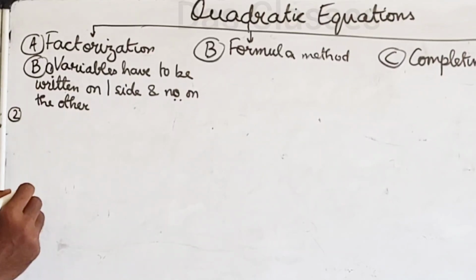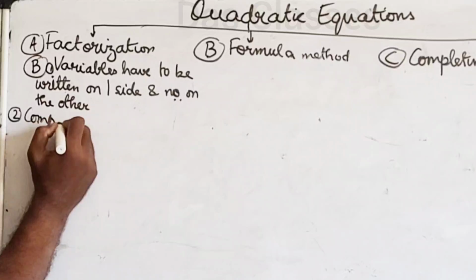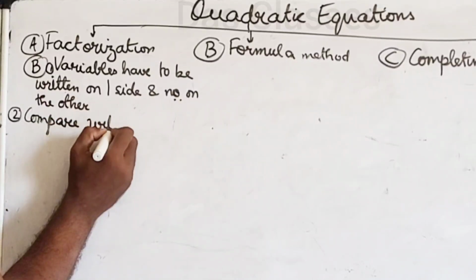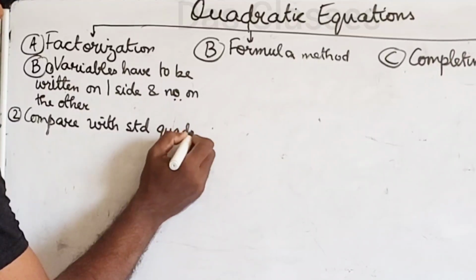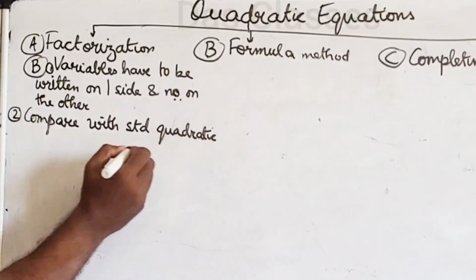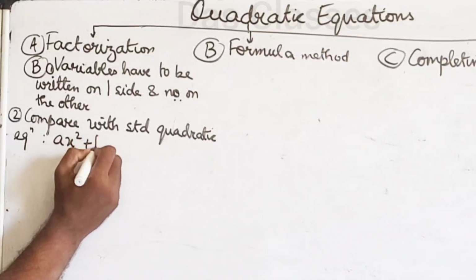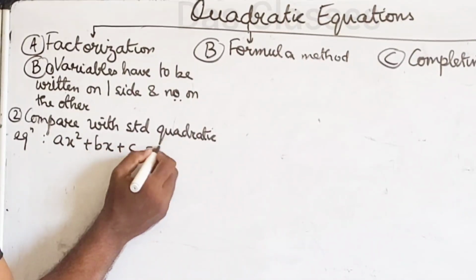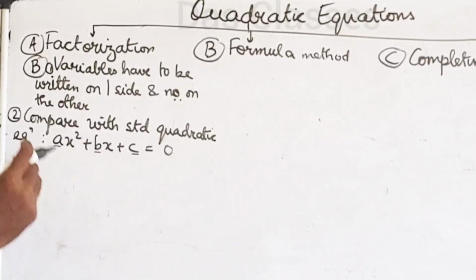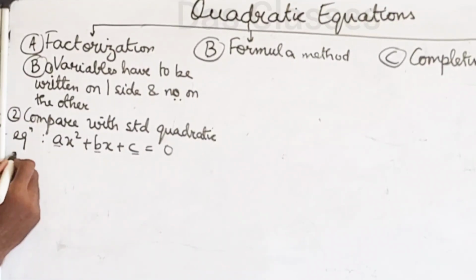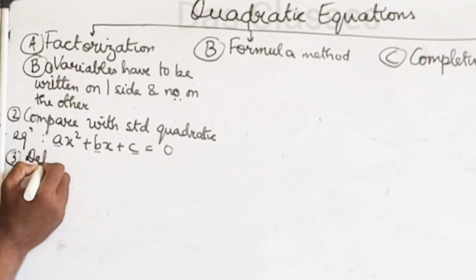Step 2: compare with the standard quadratic equation ax square plus bx plus c is equal to 0, in order to know the values of a, b and c. Once you know the values, step 3 will be finding the determinant.